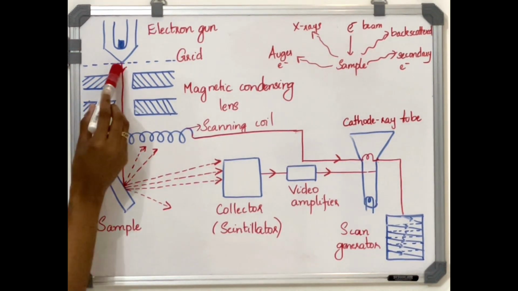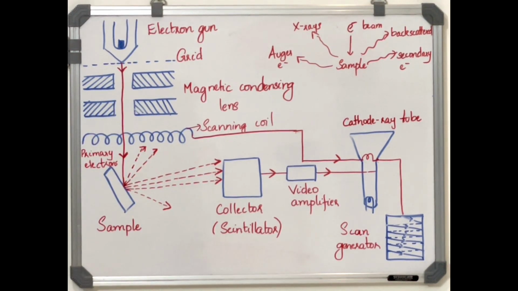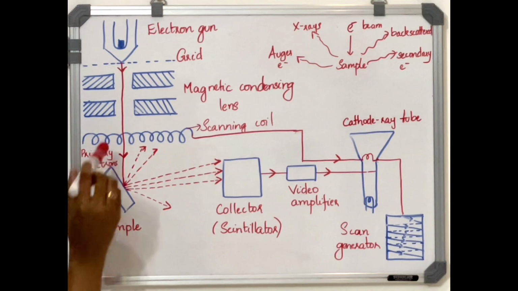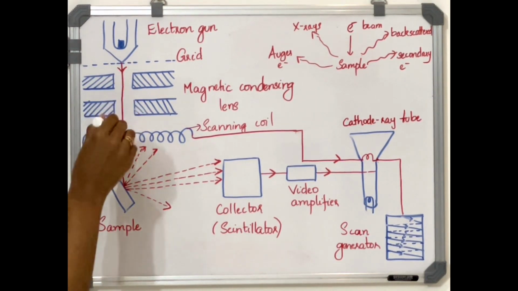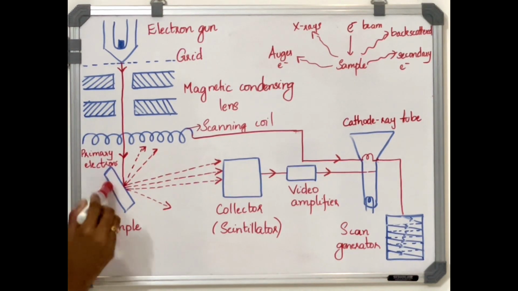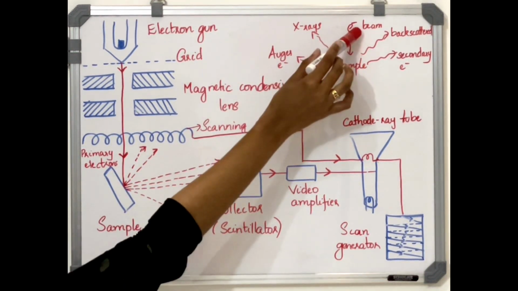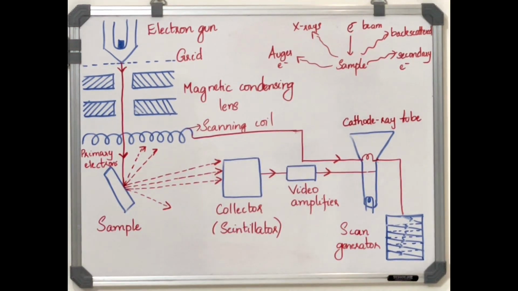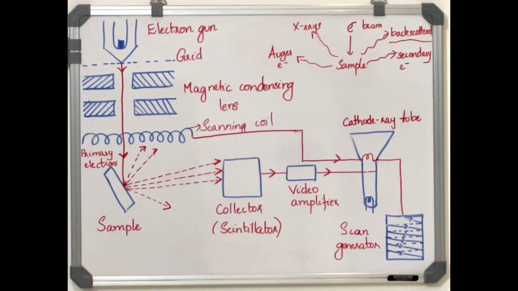These primary electrons are accelerated by the grid and anode. The accelerated primary electrons pass through the magnetic condensing lens and the scanning coil and are incident on the sample. When the electron beam hits the sample, some of the electrons are backscattered. These are backscattered primary electrons.